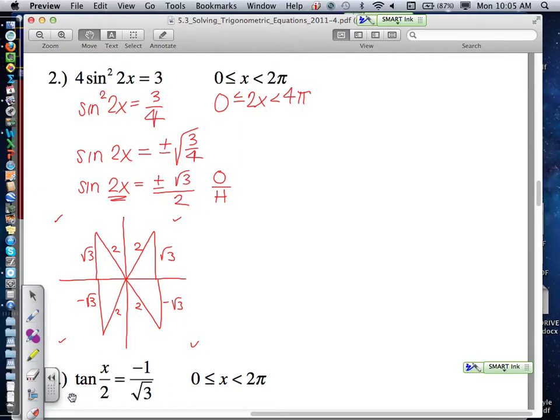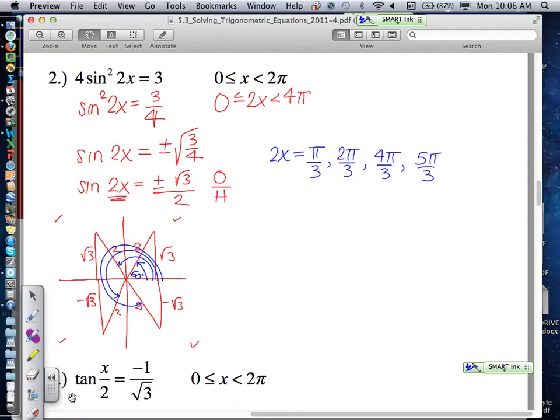And so that gives us 2x is equal to, this is pi over 3, because your reference angle there is 60 degrees. This is 2 pi over 3. This is 4 pi over 3. And here we have 5 pi over 3.